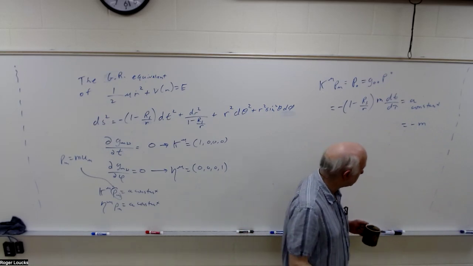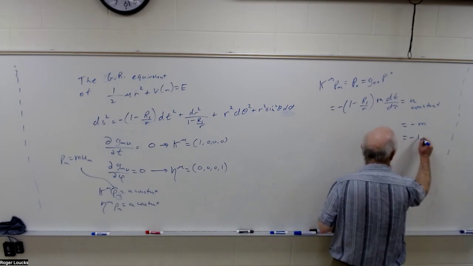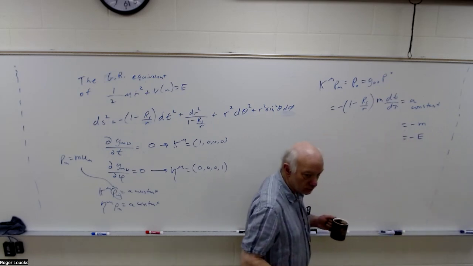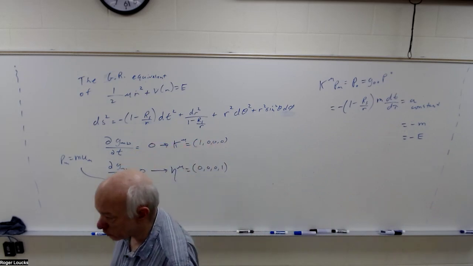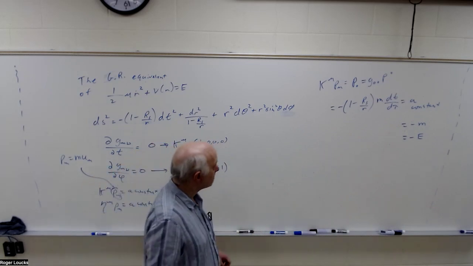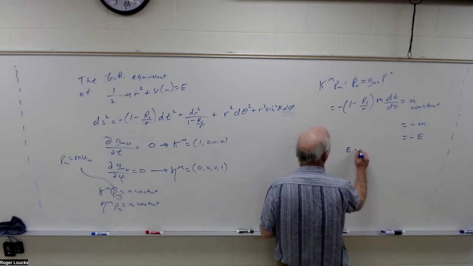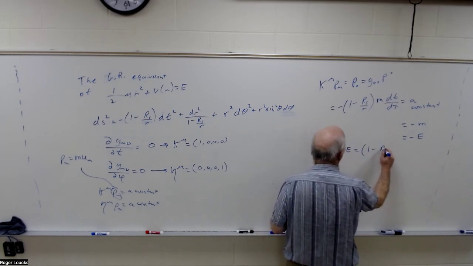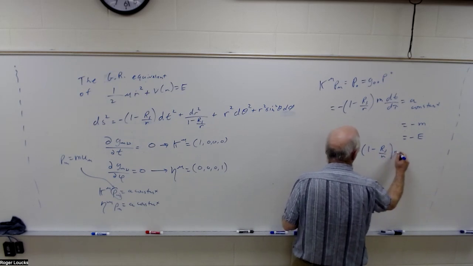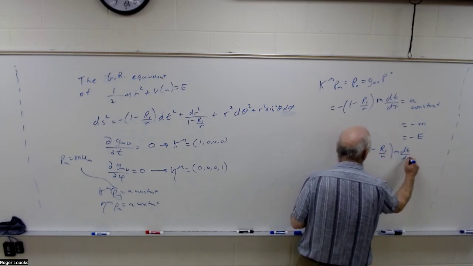We're in natural units here, so this is the same thing as saying minus E, because it'd be mc squared. So I kill all the minus signs and solve for E.